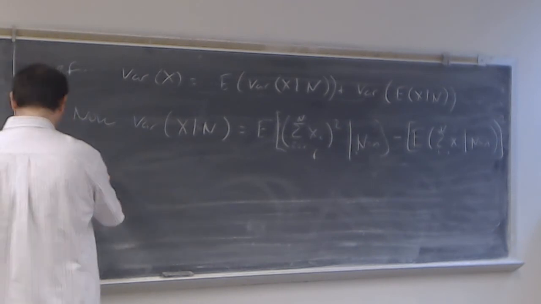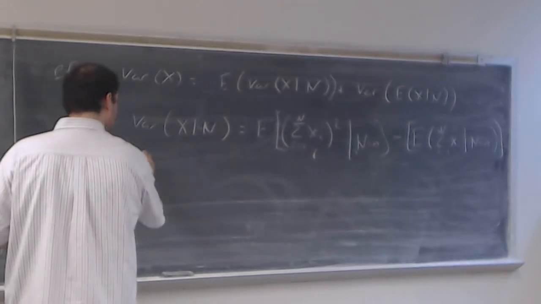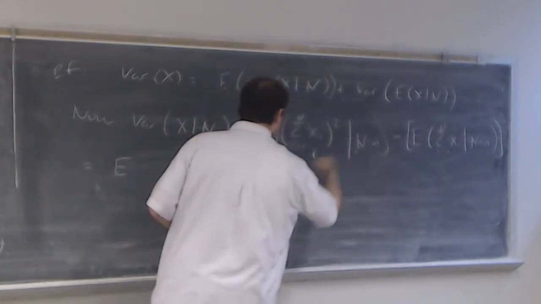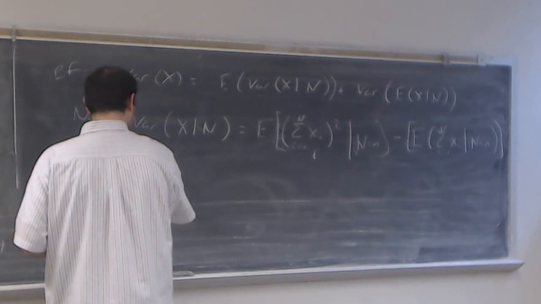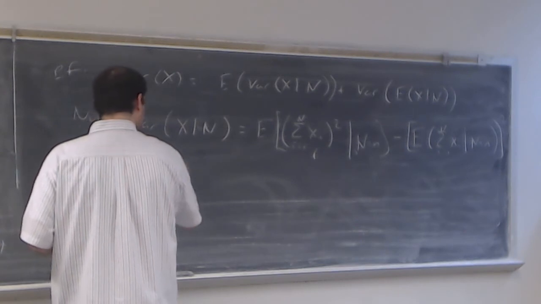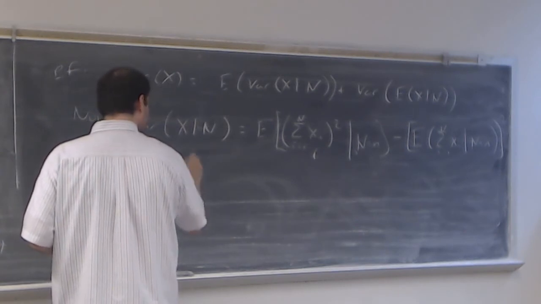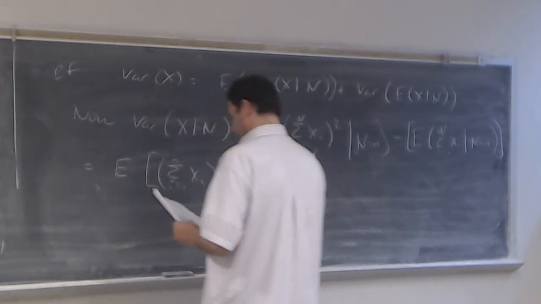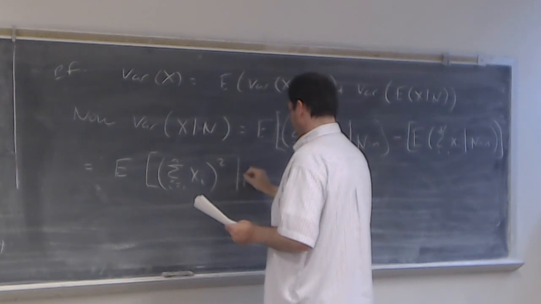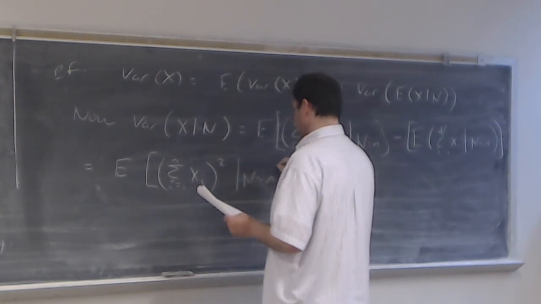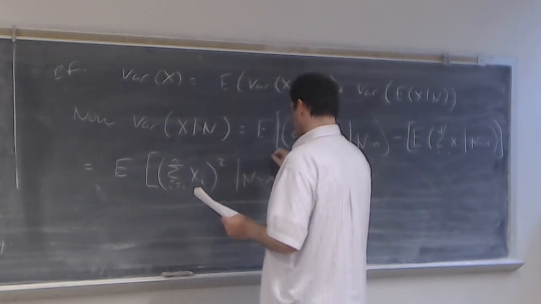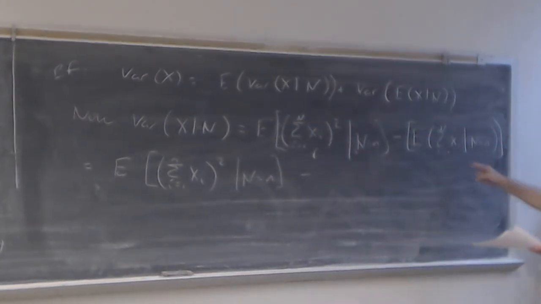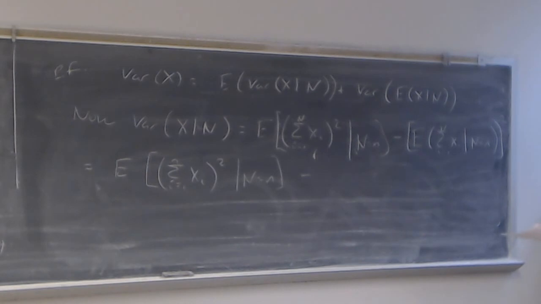Now, this is the same thing as the expected value of this first part, so I'm going to write it down, except we know that N, again, is equal to little n. So here, the expected value of the sum as i runs from 1 to little n of the x sub i's to be squared, given N is equal to little n, okay, minus, now we've already done work here.